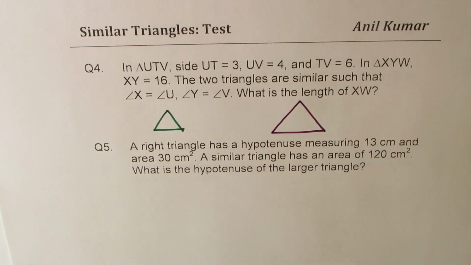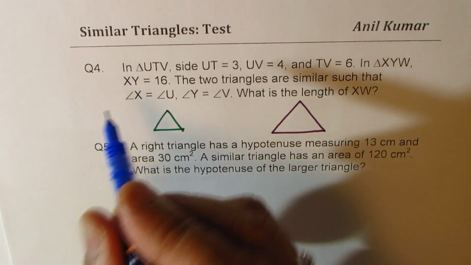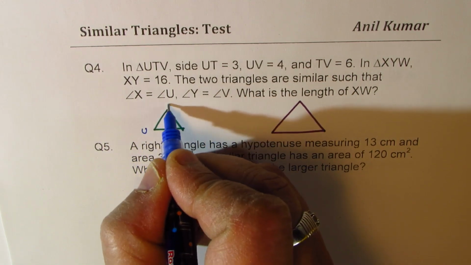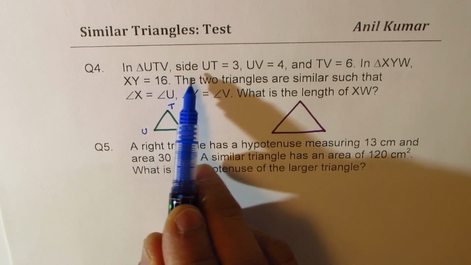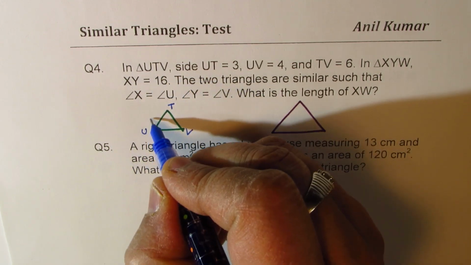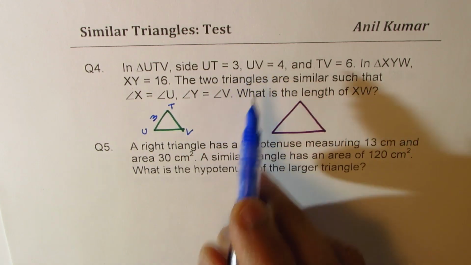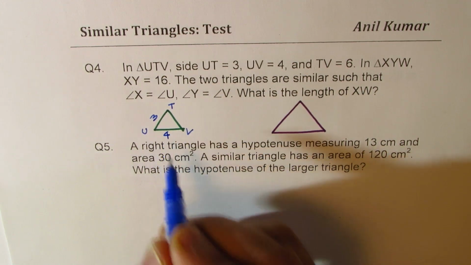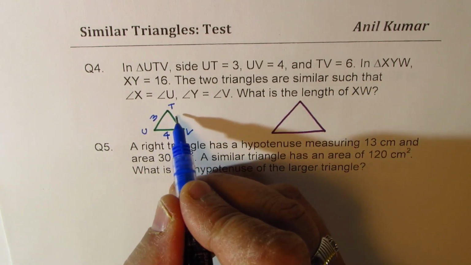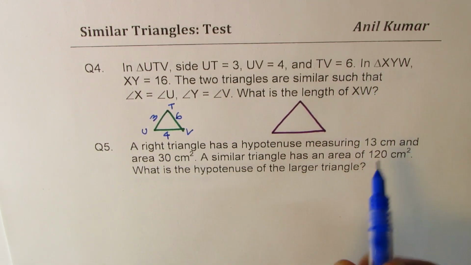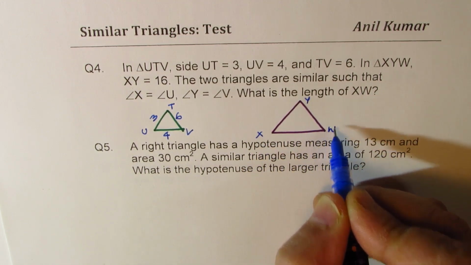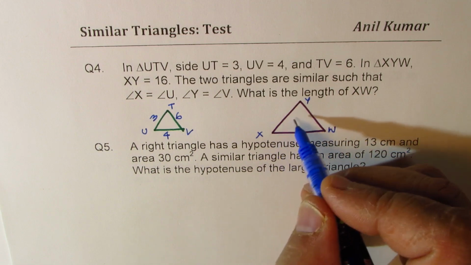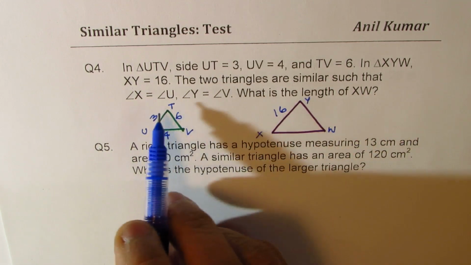Okay. So we have a triangle, let's call it UTV. In triangle UTV, side UT is 3, U to V is 4, and TV is 6. In triangle XYW, XY is 16.